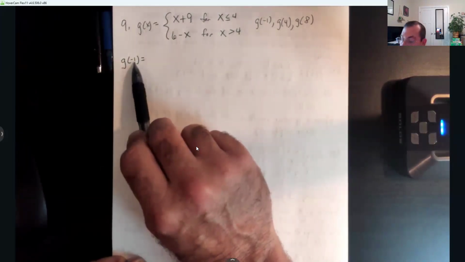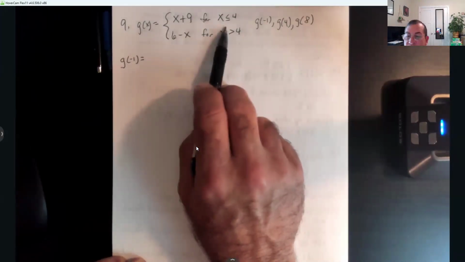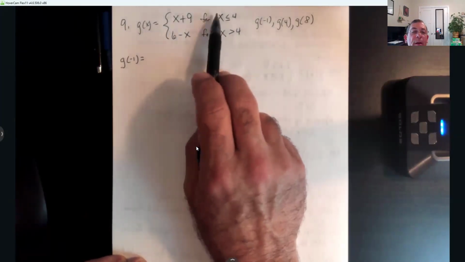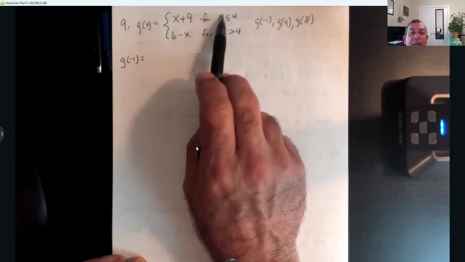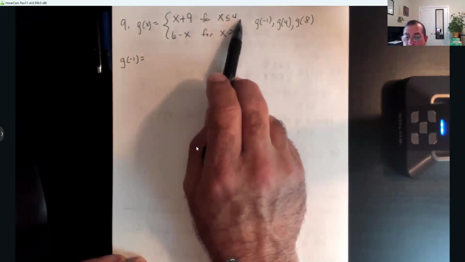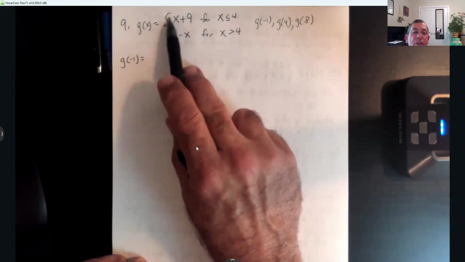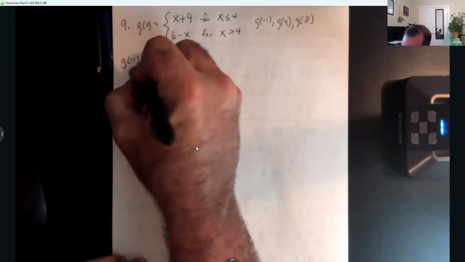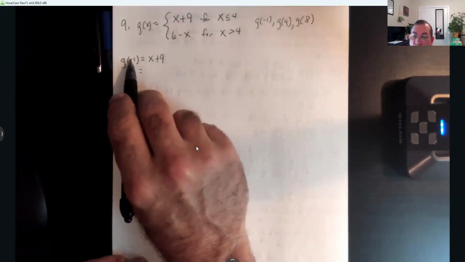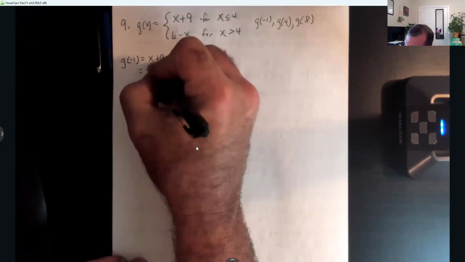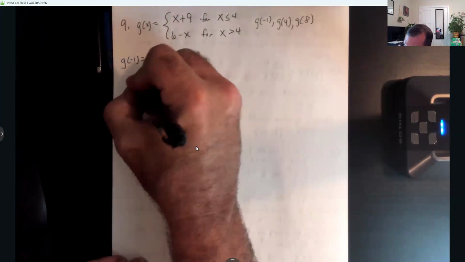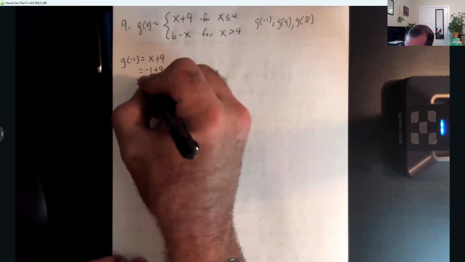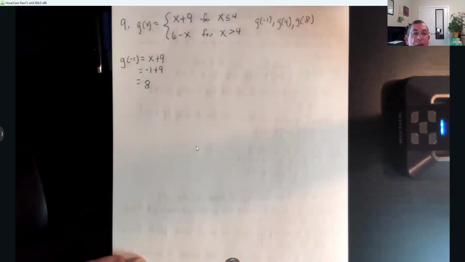I'm giving you the domains here. So y'all are saying x plus 9, good job, because negative 1 is less than 4. In place of the x, we're going to put our negative 1. And negative 1 plus 9 gives us a positive 8.